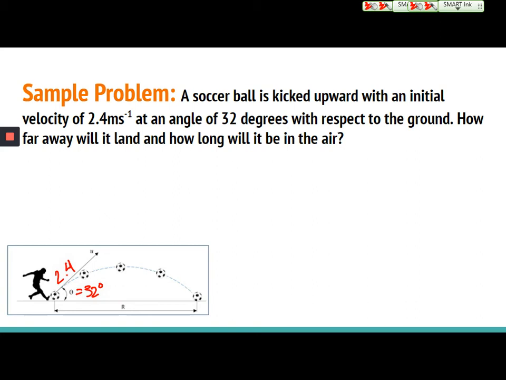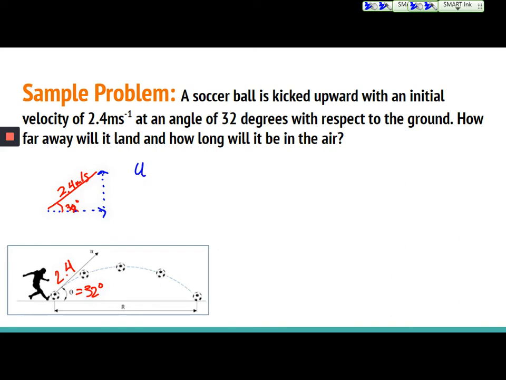So if we have this triangle of 2.4 meters per second at an angle of 32 degrees, we can break this up into a horizontal and a vertical just by doing our cosines and sines.